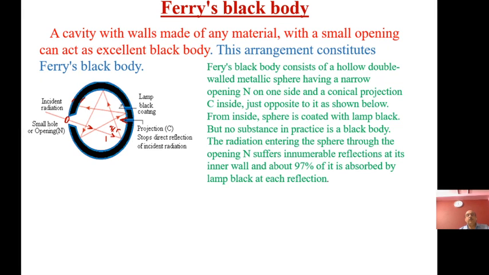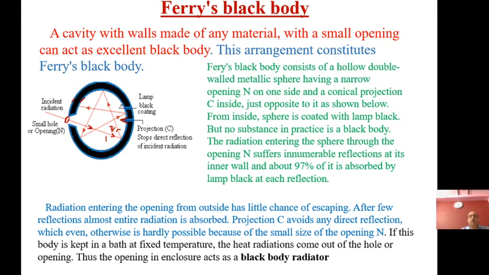After this, again 97% is absorbed, and a very, very small amount of the radiation is reflected, but this reflection remains inside the cavity. So the cavity, that is Ferry's black body, absorbs all the radiation. That's why it is called a perfect black body.